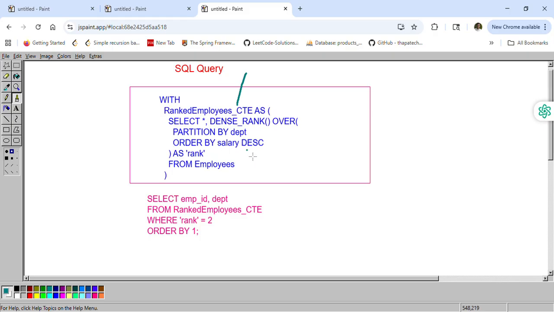I'm partitioning the data based on the department and ordering by salary in descending order. This is the common table expression I have created, named ranked_employees_cte.